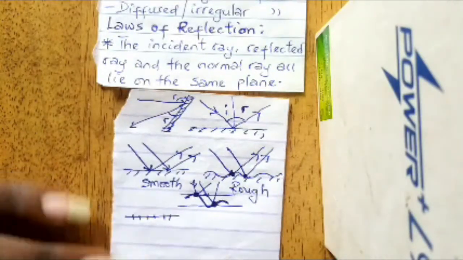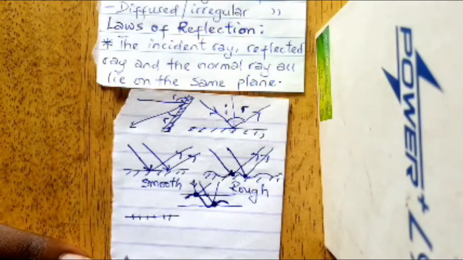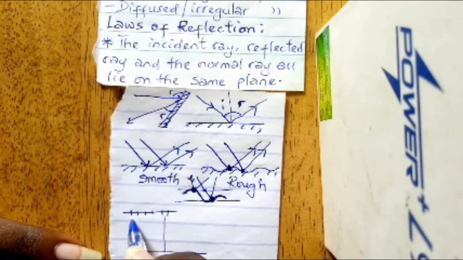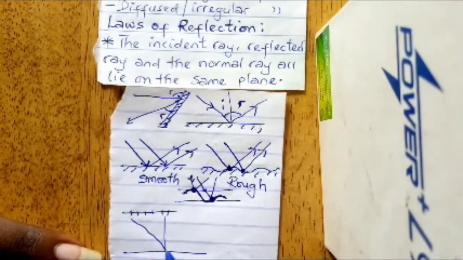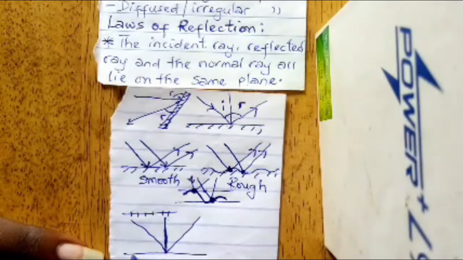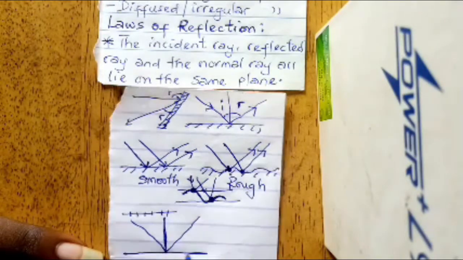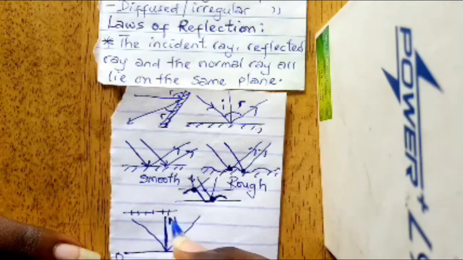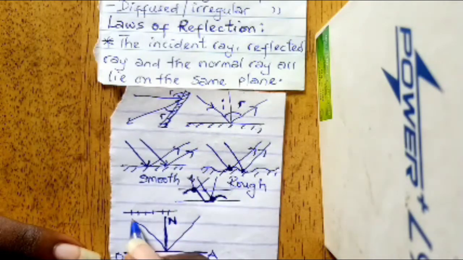It says the incident ray, the reflected ray, and the normal. This is the normal. They all lie on the same plane. This is our plane OA, and this is our normal, and this is our incident ray.